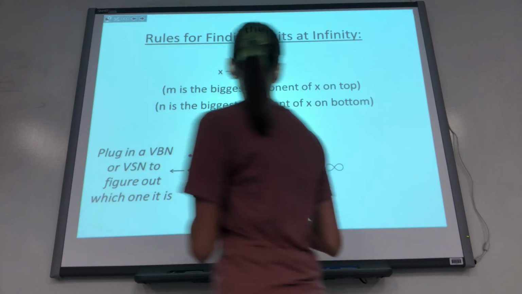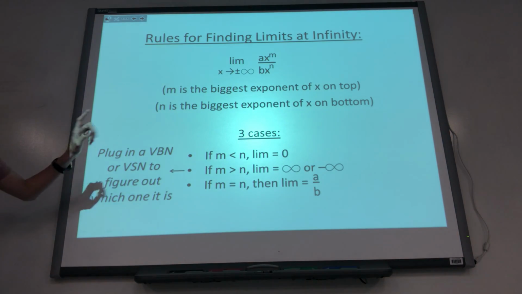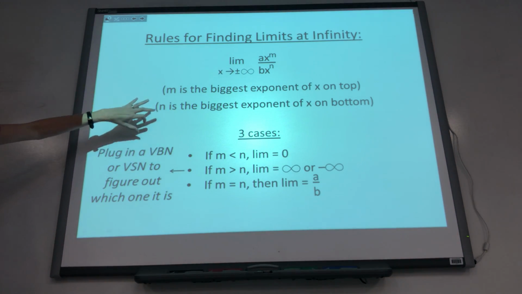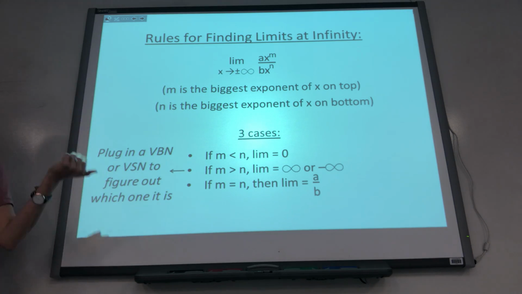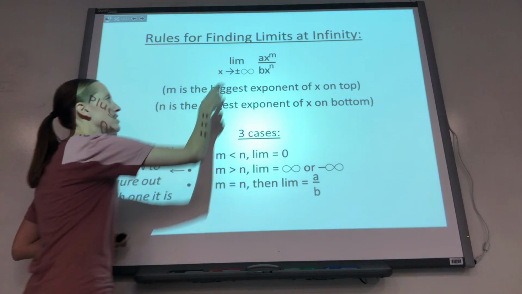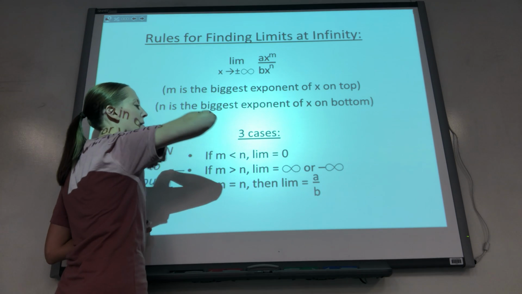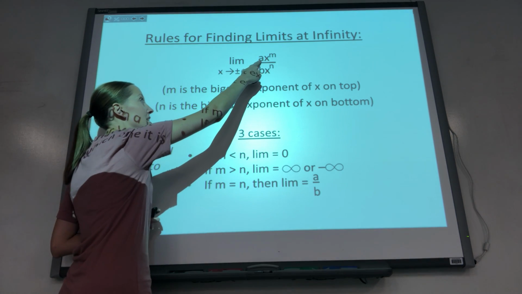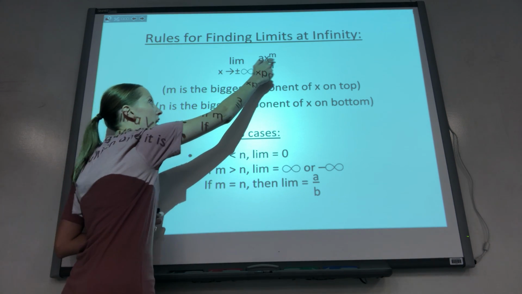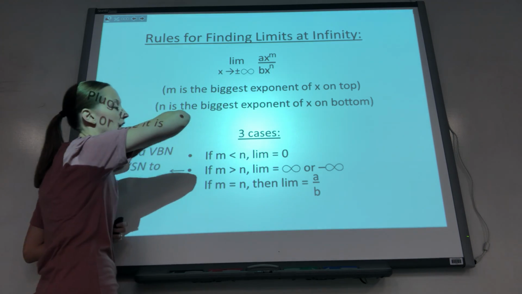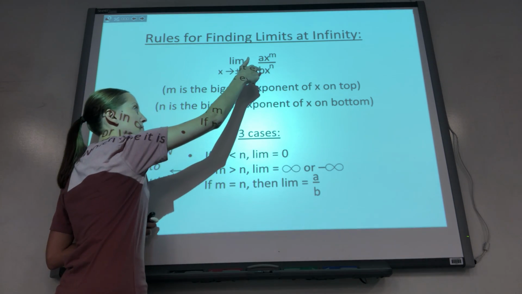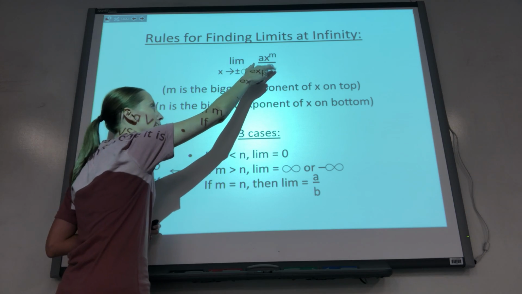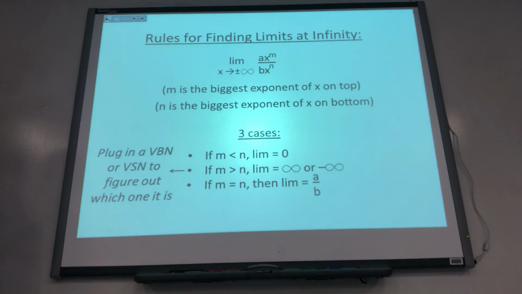Now, I haven't specifically said what a and b are, but you can see from this format that a is the coefficient of the biggest power of x on top, and b is the coefficient of the biggest power of x on bottom.